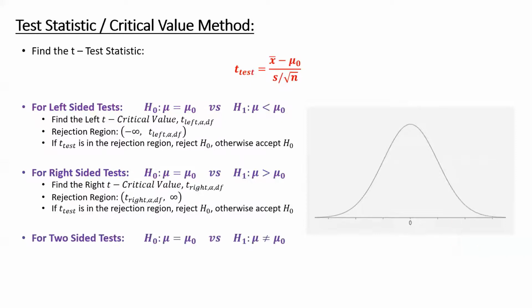All right, for a two-sided test, which means when the alternative is of the form mu is not equal to mu0, we are going to have two critical values. Half of alpha is kept on the left tail and the other half of alpha is kept on the right tail of the t distribution with the corresponding degrees of freedom.